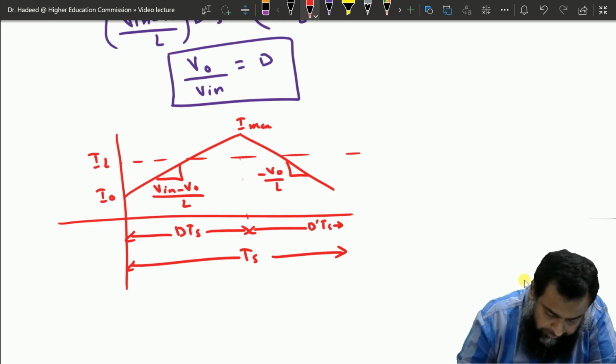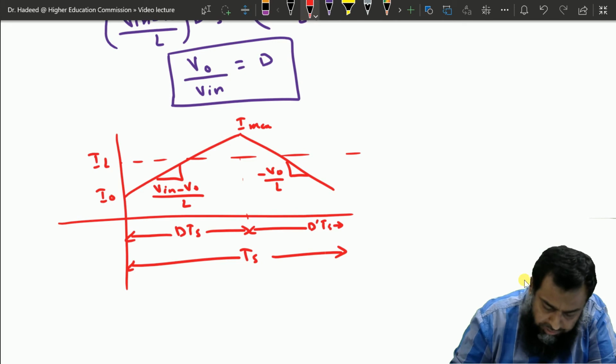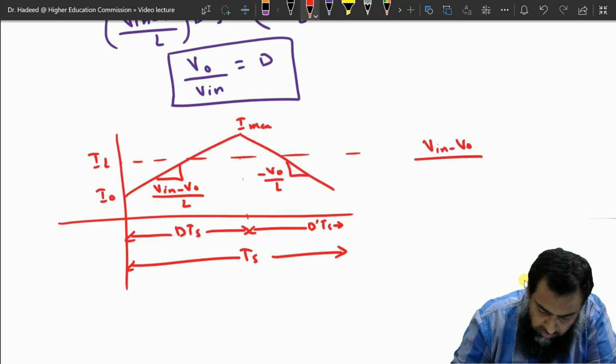Now if you see here that the net change in the inductor current is this dTs. So what is the change here? The change is V in minus V naught over L into dTs.